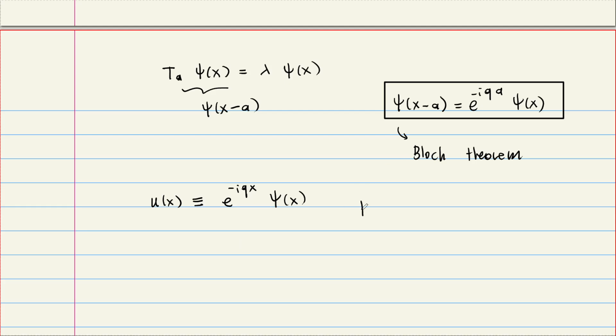Now wherever we see x, let's shift it to x minus a. So what I have is u of x minus a is equal to e to the minus i q x e to the i q a, I split this, and ψ of x minus a.